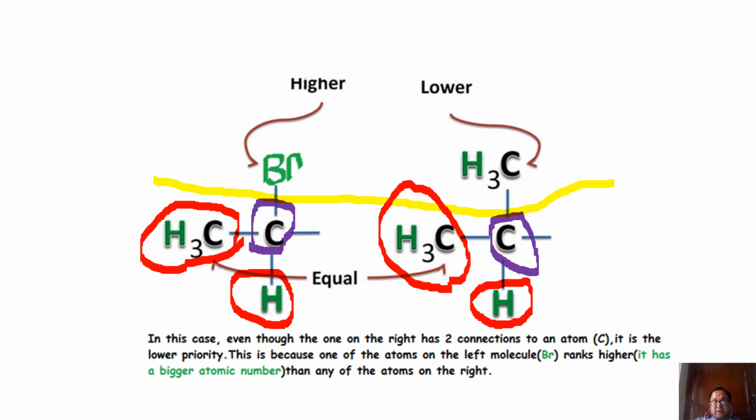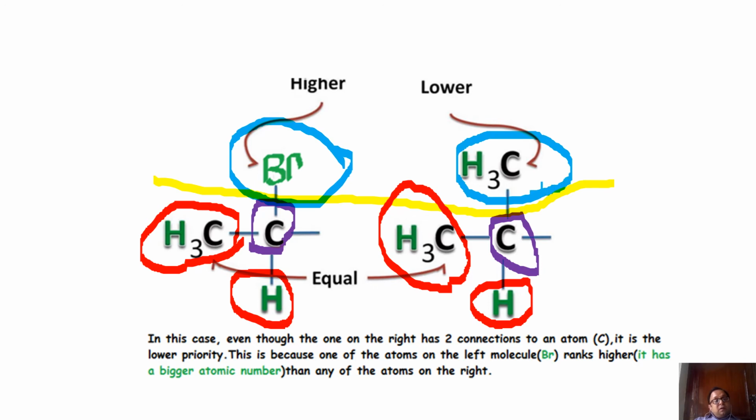So to find out the difference, we have to look at the third substituent, that is bromine and methyl. So it is very clear that bromine is having the higher atomic number as compared to methyl. So it will get the higher priority.